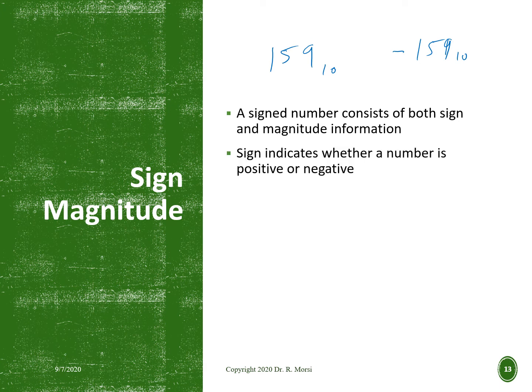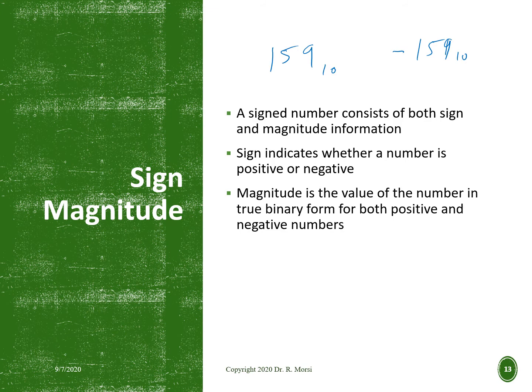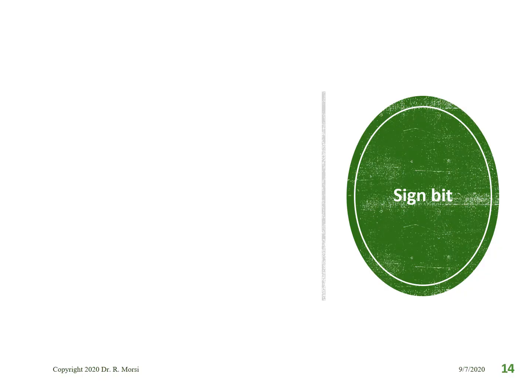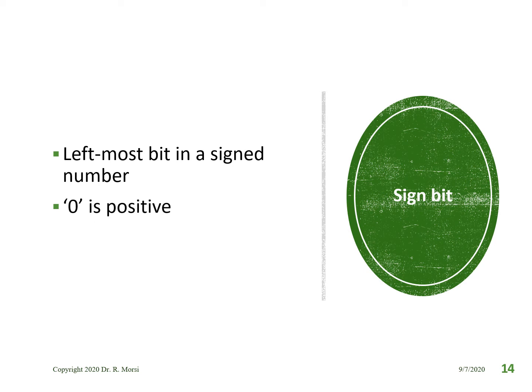The sign indicates whether a number is positive or negative. And the magnitude is then the value of the number in true binary form for both the positive and the negative numbers. So the sign bit would be your leftmost bit in a signed number, which is the most significant bit. A 0 means it's a positive number, and a 1 would mean it's a negative number.